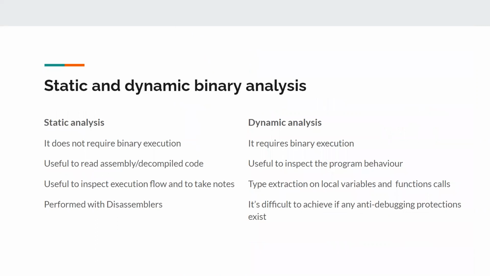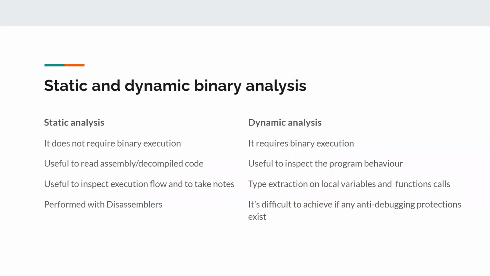The reverse engineering process can be performed by a variety of techniques that can be categorized as static and dynamic analysis. Static analysis is the process of analyzing the binary without actually executing it.